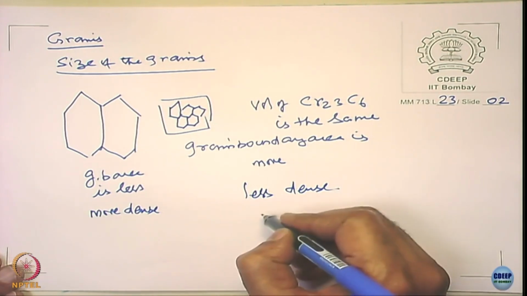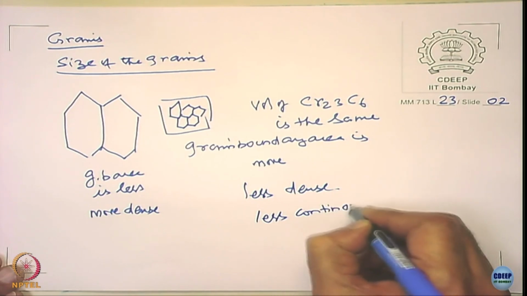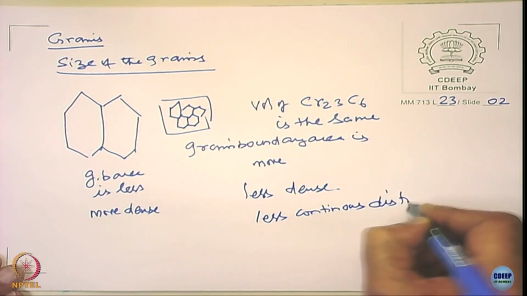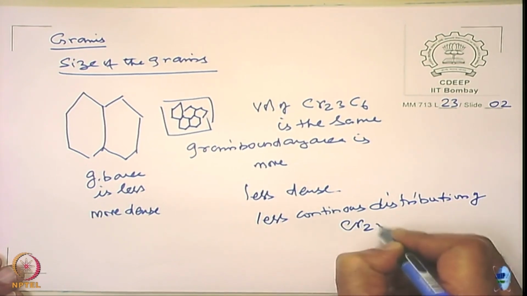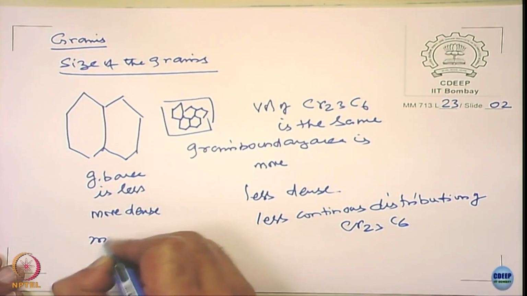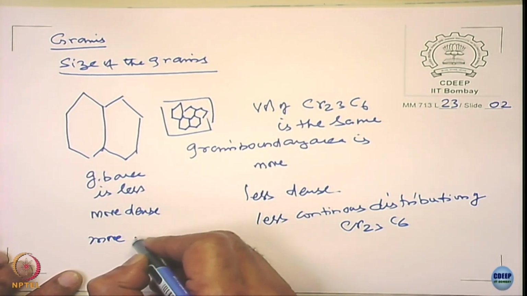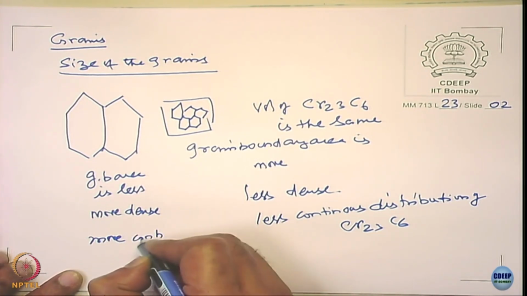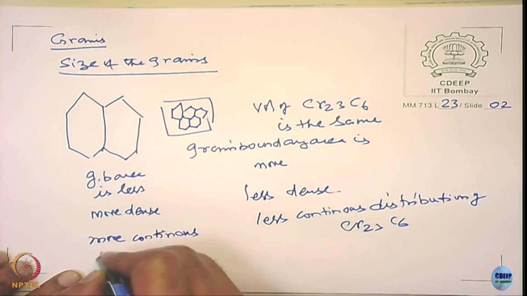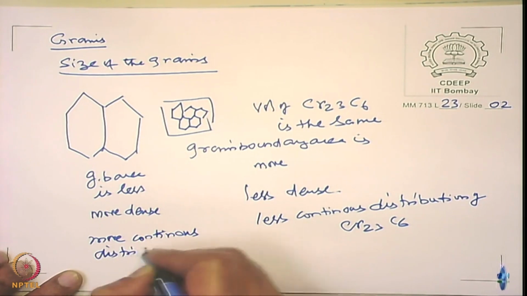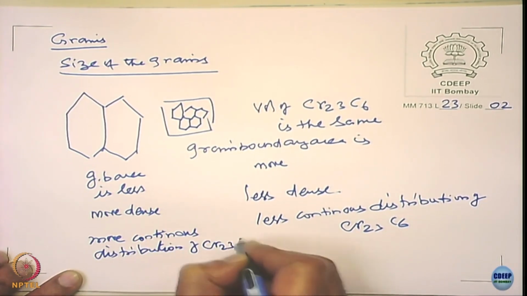So this could be a less continuous distribution of chromium carbide. Here it happens more continuous, I would say, distribution of chromium carbide.